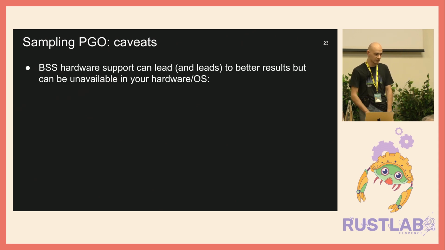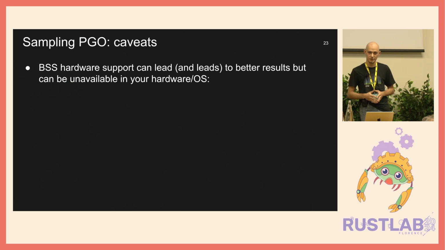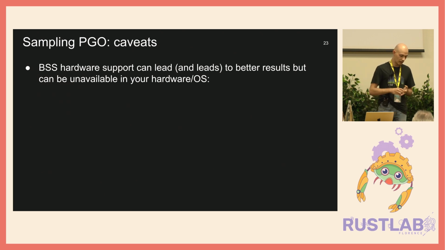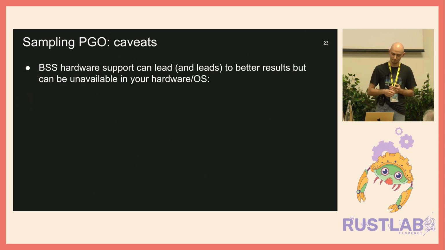The first caveat is called branch sampling hardware support. What is it? It's a special hardware feature that allows your profiler to collect much more precise information about how your application is executed, with lower overhead.